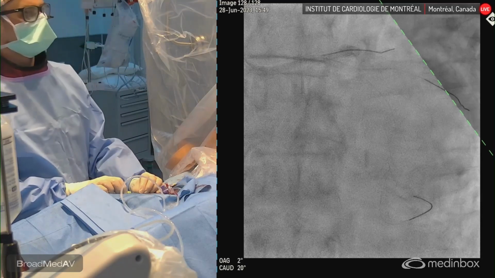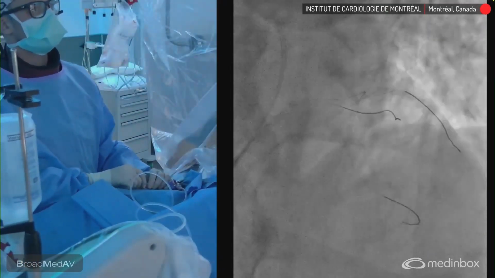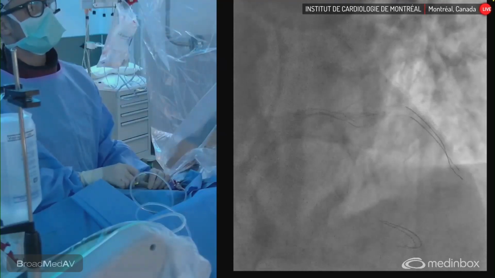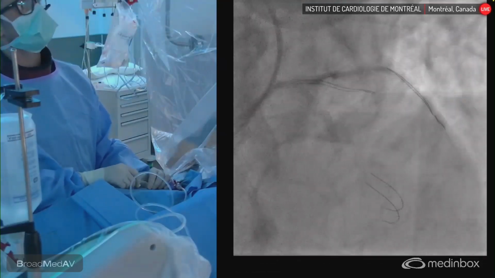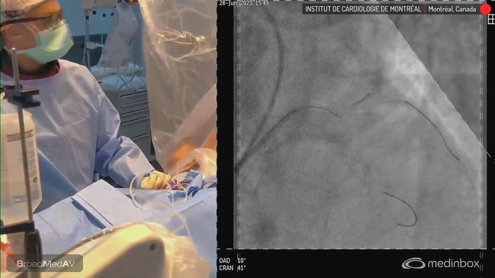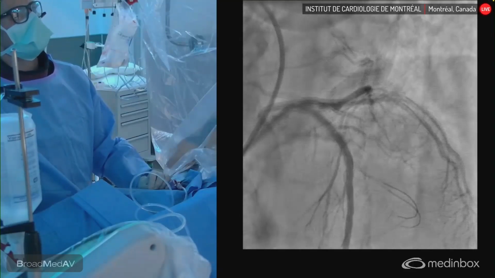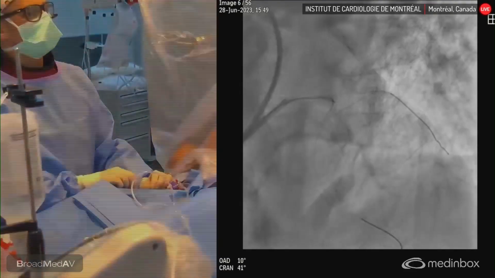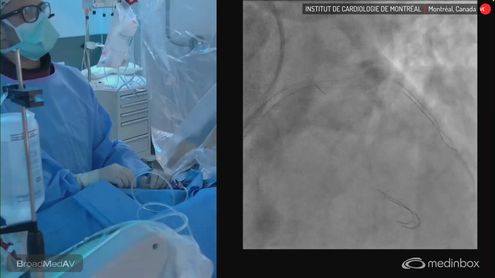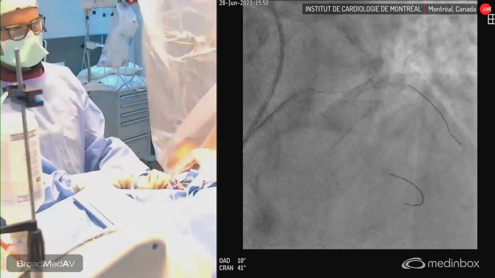And you have to be quite meticulous with the POT, not to go across that side branch and not to put it in the non-diseased proximal vessel. So we'll see. On a Spider, maybe. Yeah, probably Spider. I mean, the little branch. I thought I was in the LAD, but even Spider. Yeah, Spider.